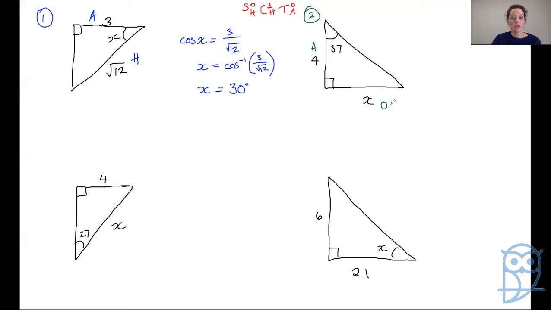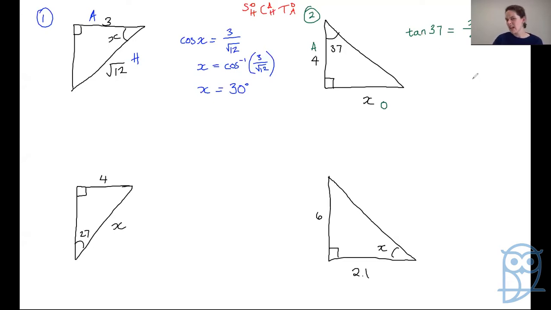Which of our trig ratios works with an A and an O? Tan, because tan theta is opposite over adjacent. So here we would know that tan 37 equals opposite x over adjacent 4. Well, tan 37 we can put on our calculators and get a number.